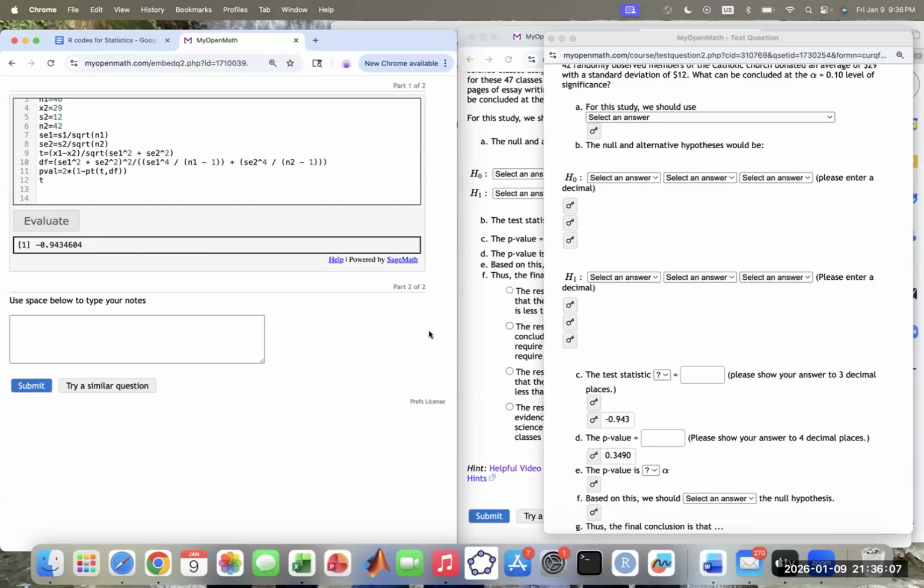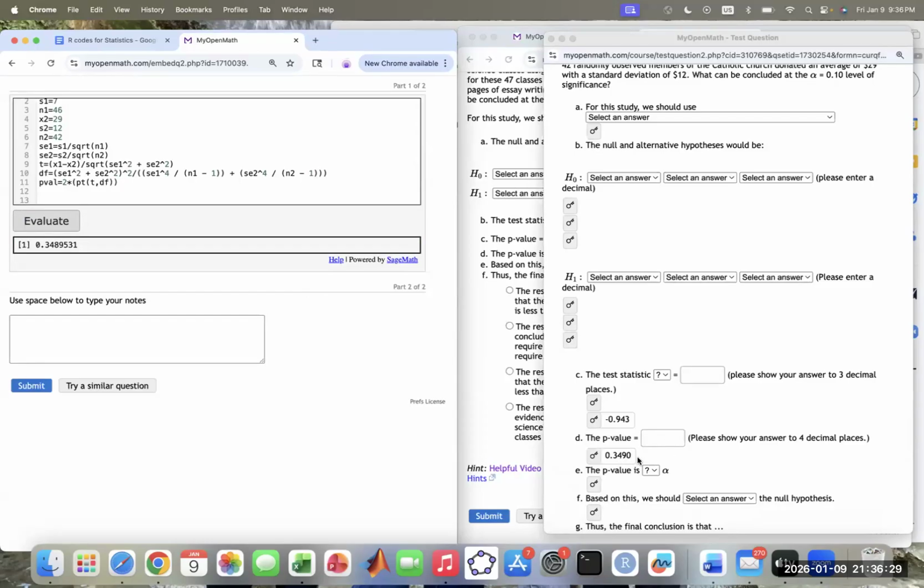And then for the P value, I will change this one, because it's less than, so I don't have the minus 1 right here. I just have it like that. Then I will have my P value, and you see that it is the same as what we saw right here.